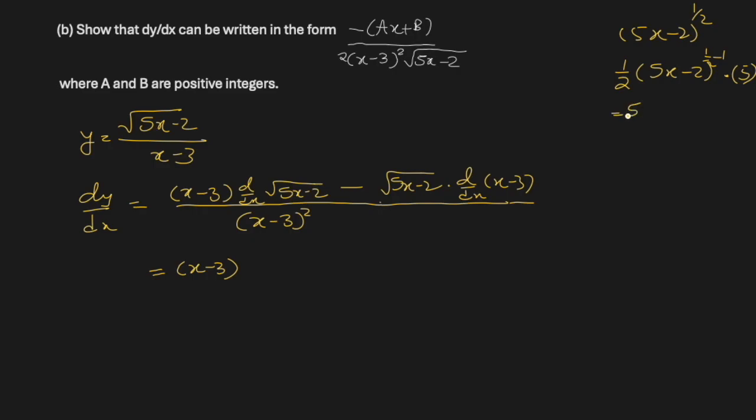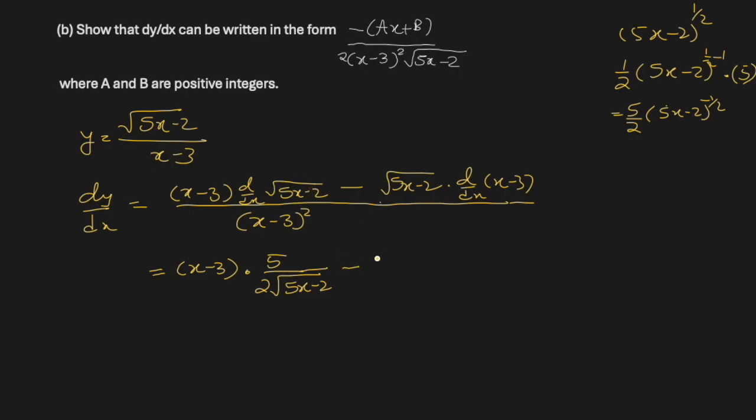So we get 5 over 2 of 5x minus 2 to the power minus half, which is a square root at the denominator. That's 5 over 2 square root 5x minus 2, the differentiation of square root 5x minus 2.